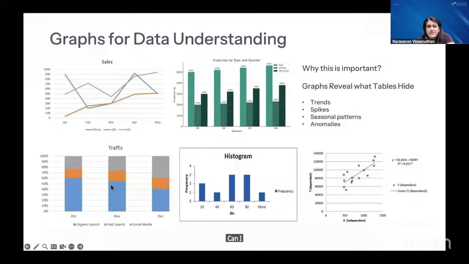Can I use a pie chart here? You can use a pie chart. But can I compare a pie chart over time? Yes.